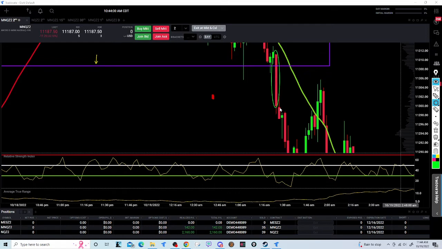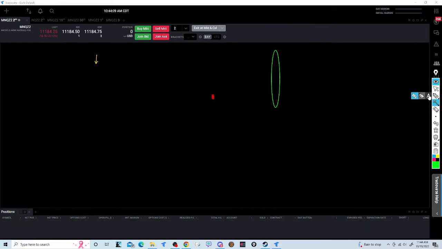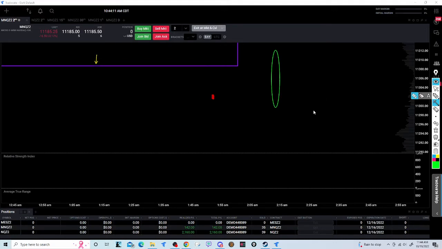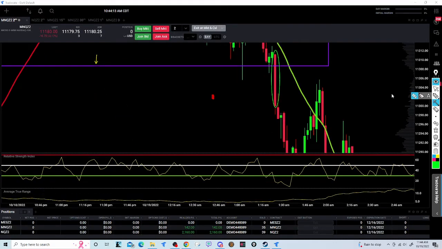Okay, that's your signal to enter, right? It closed. That's your confirmation candle. You are going to enter. You are going to place your order at the close of that candle on the next candle. Okay, this candle opened, it pulled up to here, and then it made its move to the downside.